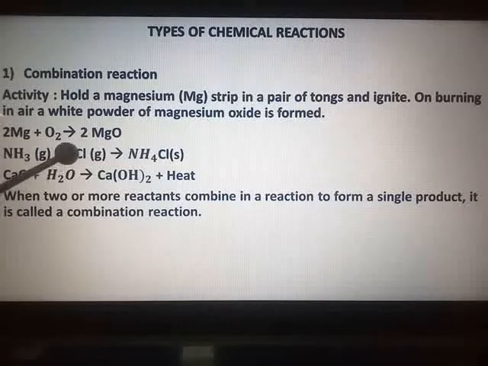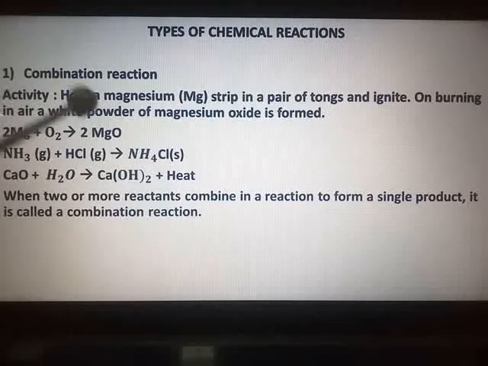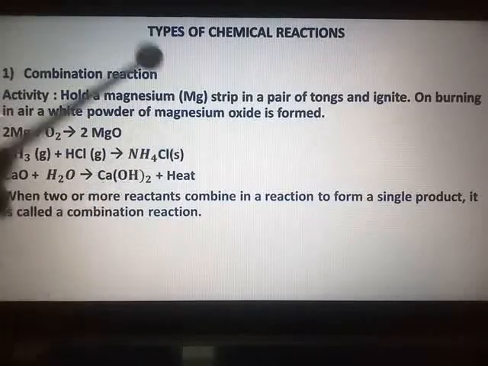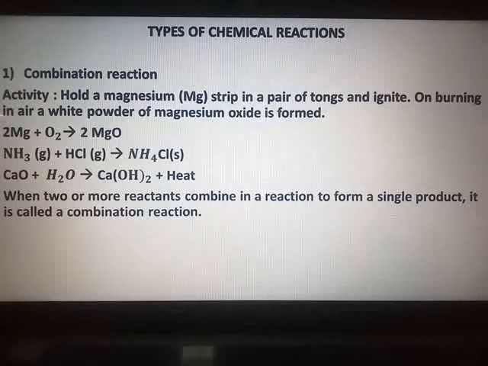The HCl vapors coming out from the test tube and the ammonia gas, that is NH3 gas, coming out from the solution on the glass rod, react to form a salt which is known as ammonium chloride having formula NH4Cl. So what you can see here, ammonia combining with hydrochloric acid to form one product, that is NH4Cl, combination reaction.